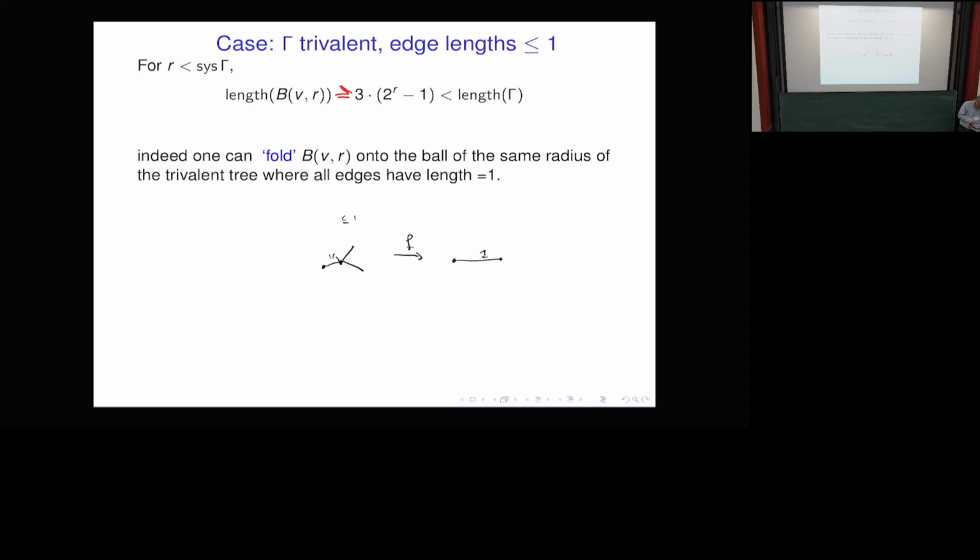Let's call this T1 and let's call this T2. So here edge length is equal to 1, and here it's less or equal to 1, right? I pick a base point, I map it to the base point, and then I pick a direction here and the direction there.